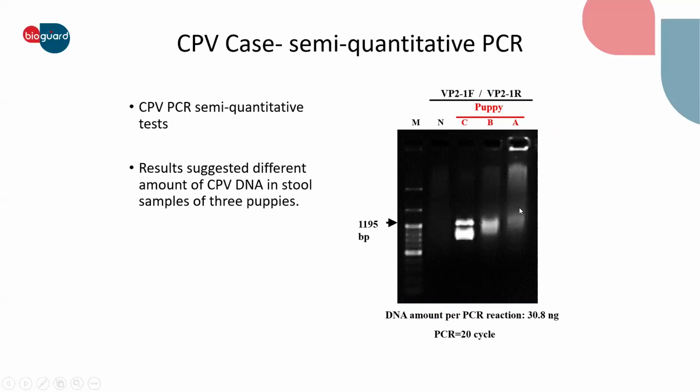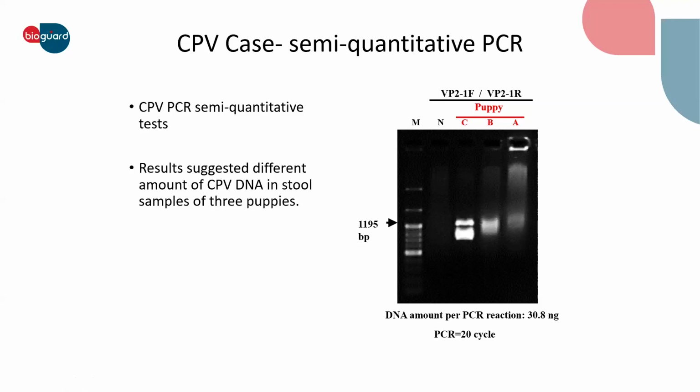And for puppies A and B, the DNA of the CPV is far less than the DNA of CPV in puppy C's feces.